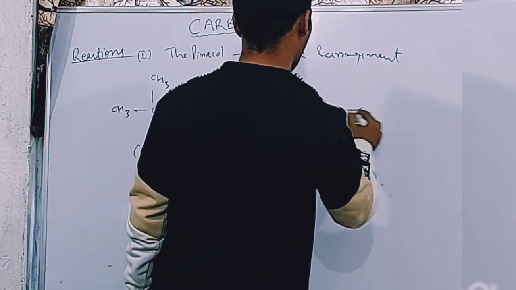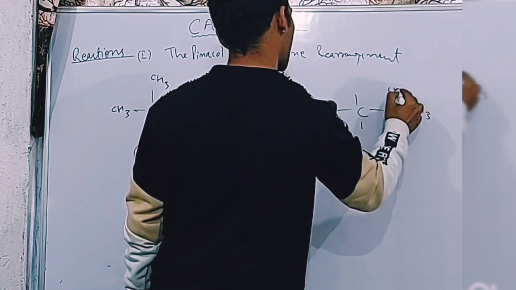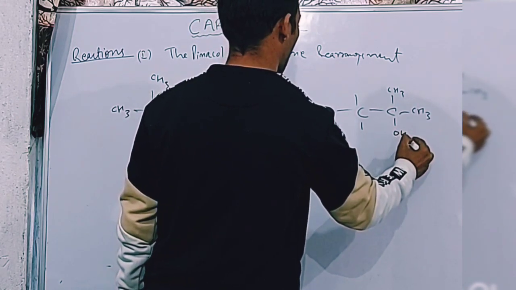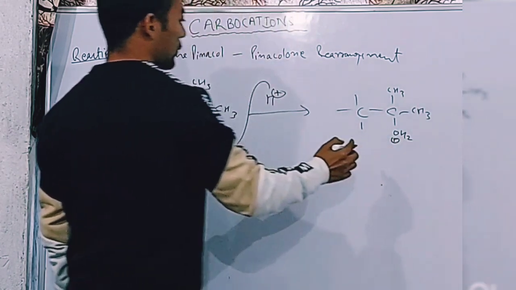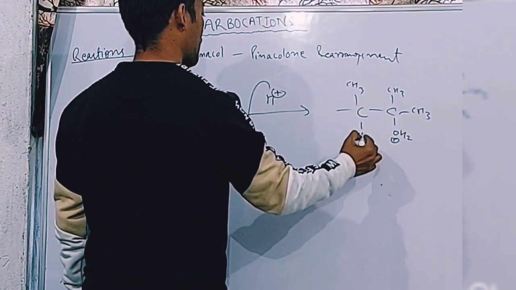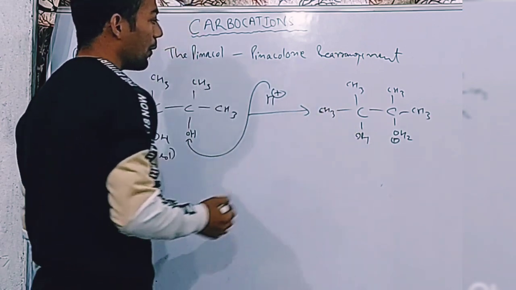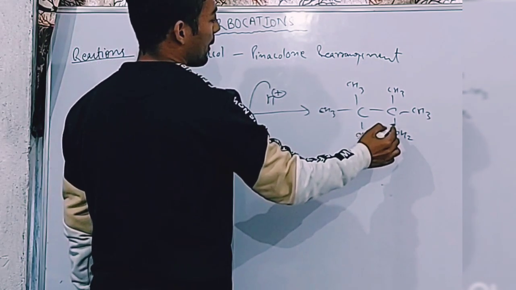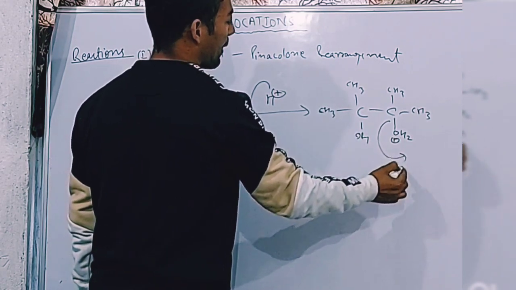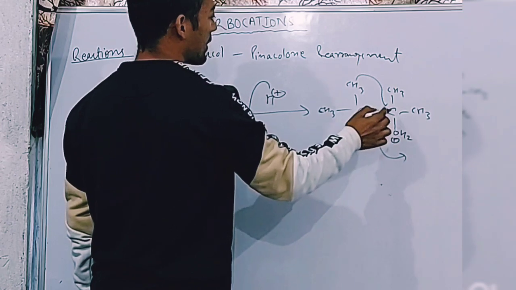forming an oxonium ion here. And in the next step, this oxonium ion will get electrons from here and lose water from here, and this methyl group will be shifted to this carbon.